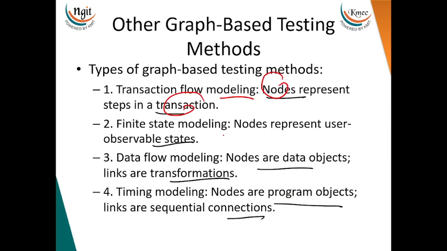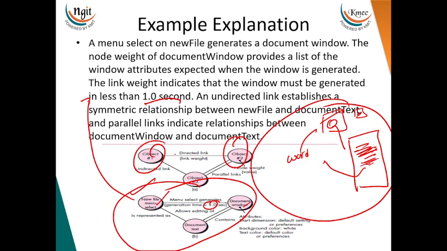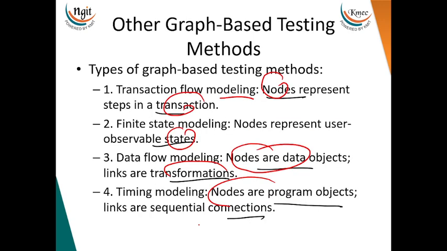Finite state modeling, where nodes represent user observations, what they observe and how much time they take. Timing representation: here nodes represent direct links. Menu selected, time taken 0.0, window open, attributes: start dimension, default, static, contain. These are all represented here, correct? Timing and everything. I hope you got it.